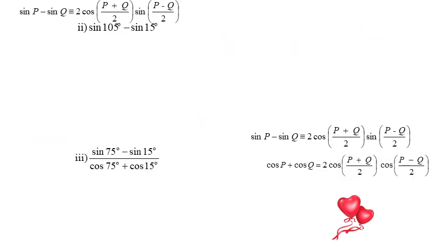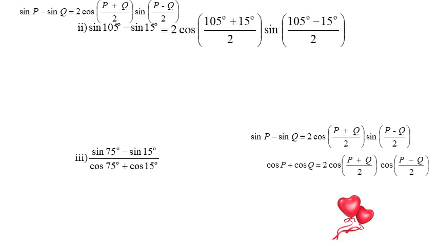Okay. For the second one, sine 105 minus sine 15. As I said before, this one we will use product to sum, and we will use formula number 2 here as I showed above. So P is 105 where Q is 15.